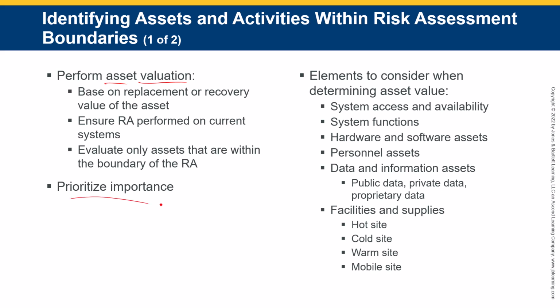And it does allow us to categorize and prioritize our assets. Elements to consider when determining assets is access availability, functionality requirements, hardware and software, personnel, data, and facilities. If we have backup facilities, hot site, warm site, things like that.